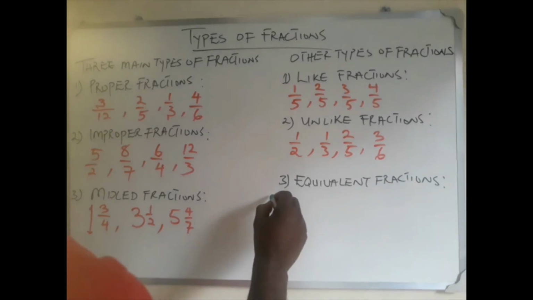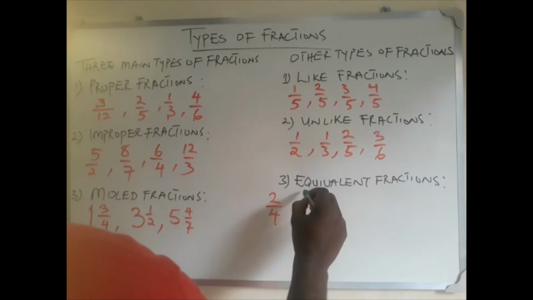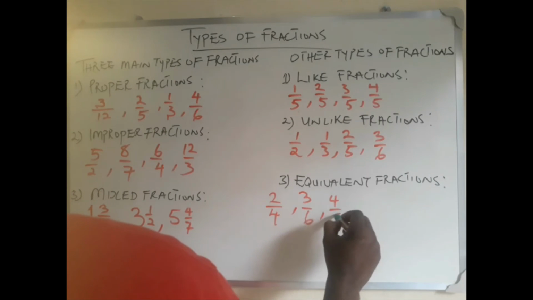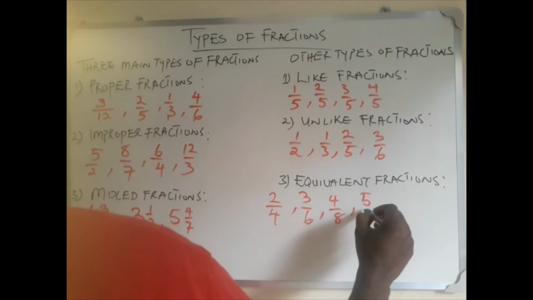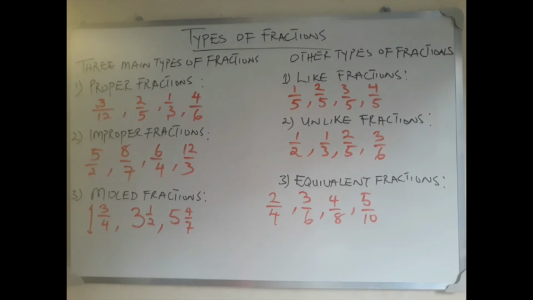Now, we have something like this, which is 2 over 4. We also have 3 over 6, 4 over 8, and let's put 5 over 10. Now, at first look, you can see that each of these fractions has different numerators and different denominators.